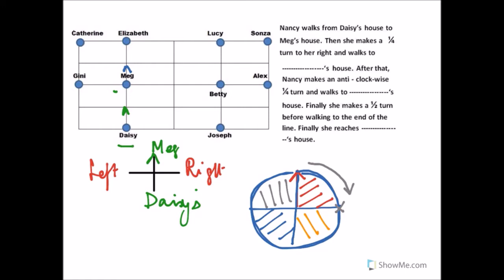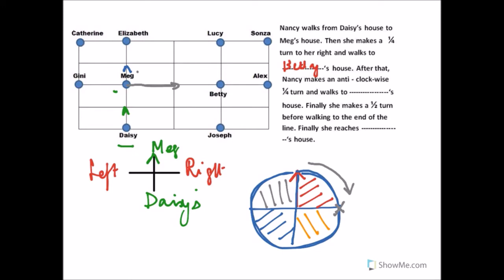So from Meg's house, she comes to this position, that is, she takes 1/4 turn and comes to this direction after taking 1/4 turn to her right. So she reaches Betty's house. So the first fill in the blanks is Betty's house.